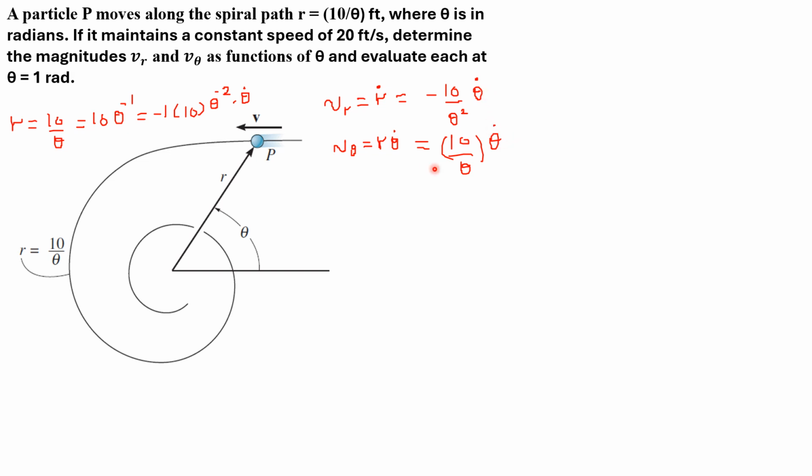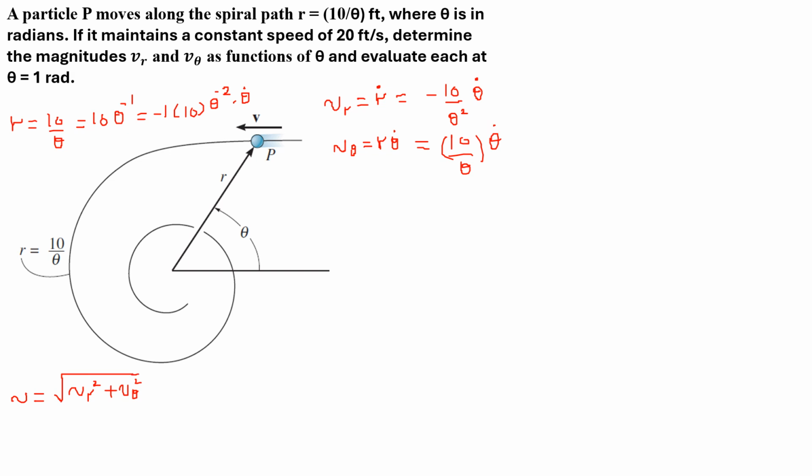Now to find theta dot, the question says that this particle maintains a constant speed of 20 feet per second. So we know that the magnitude of the speed is 20, and this magnitude is defined as v equal square root of Vr square plus V theta square.